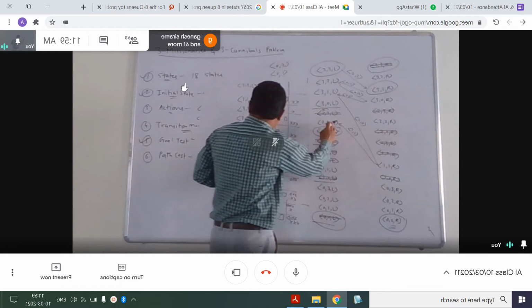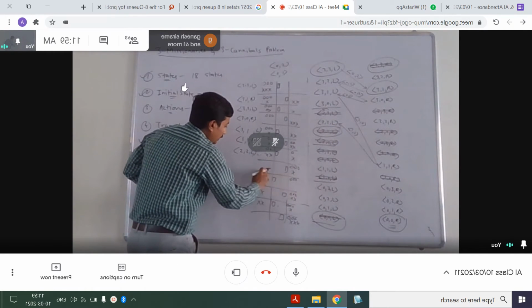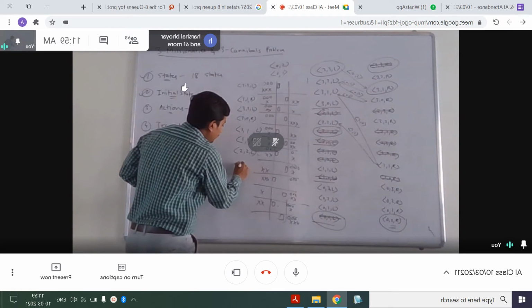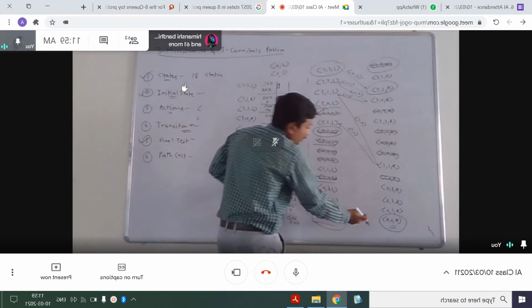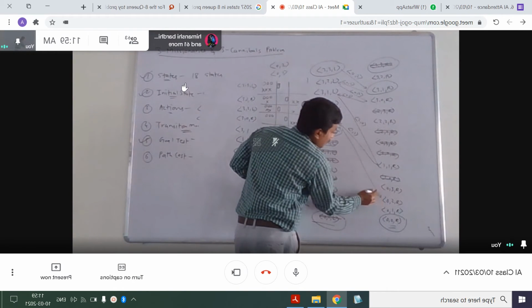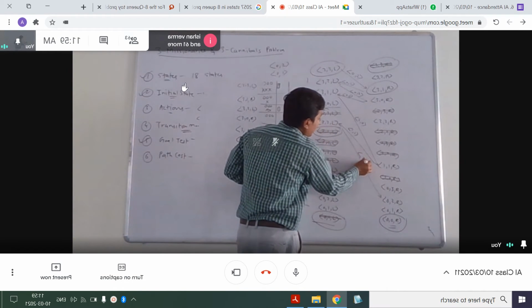Now from here, the state is 0 missionaries, 2 cannibals and the boat is on the right side, 0 2 R. Here 2 missionaries traveled, 2 0.